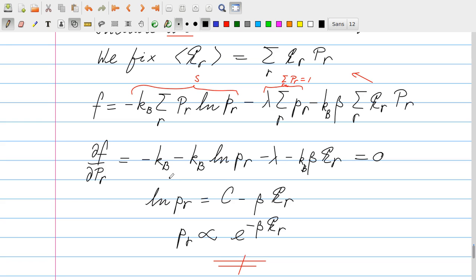So the KBs, I just divide by the KBs, so that drops out. And so I have that PR is proportional to e to the power minus beta ER, and that's known as the Boltzmann factor.